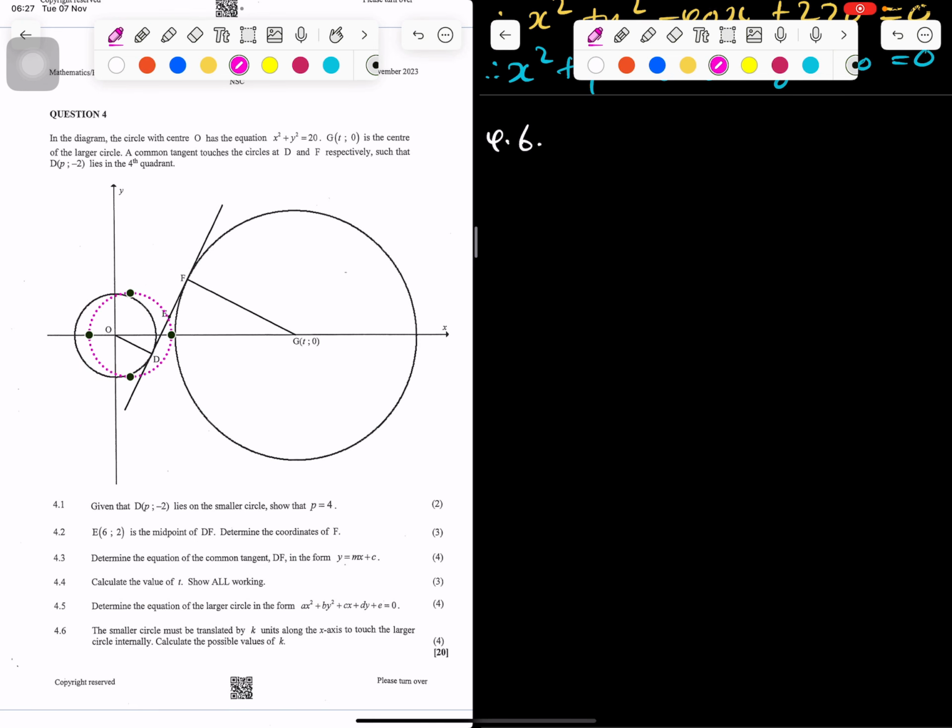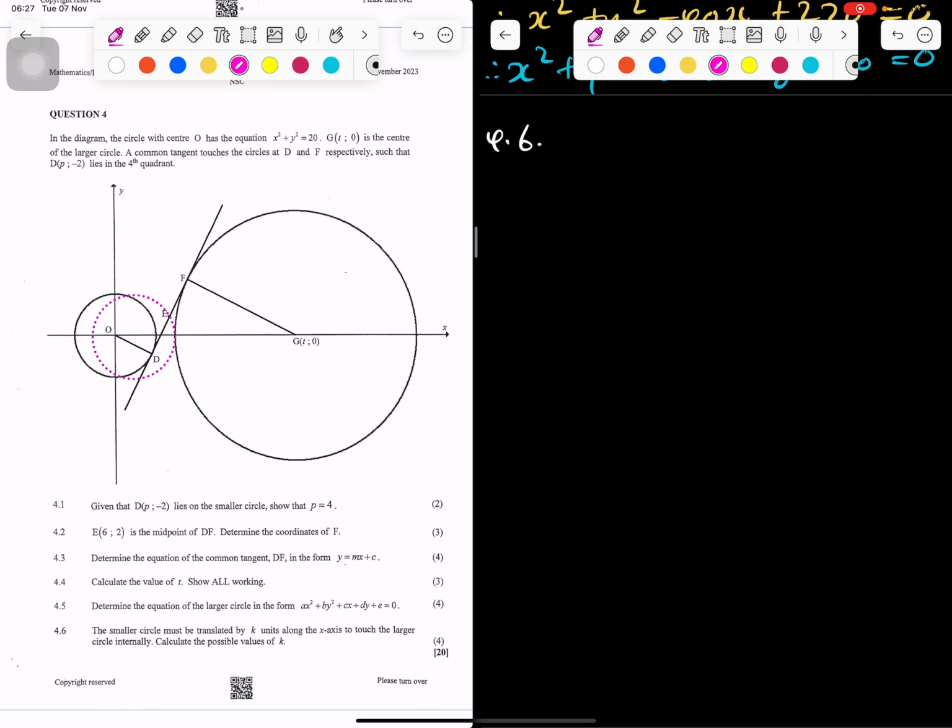So now if you translate it here, it's going to be touching the circle externally. And if it is externally, it means that the distance between their centers must be the same as the sum of their radii.